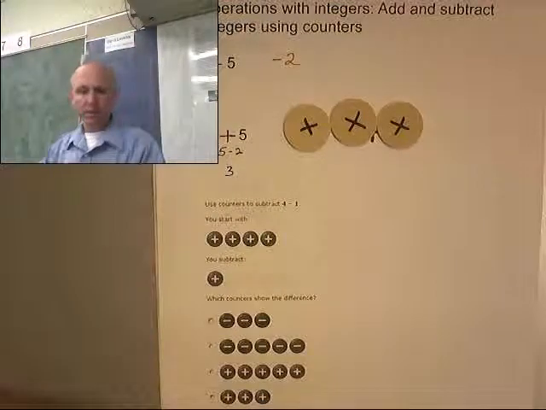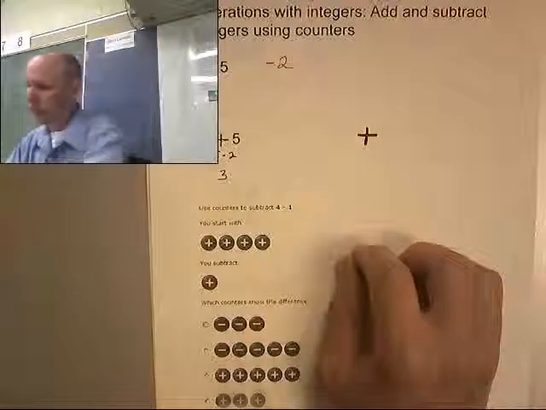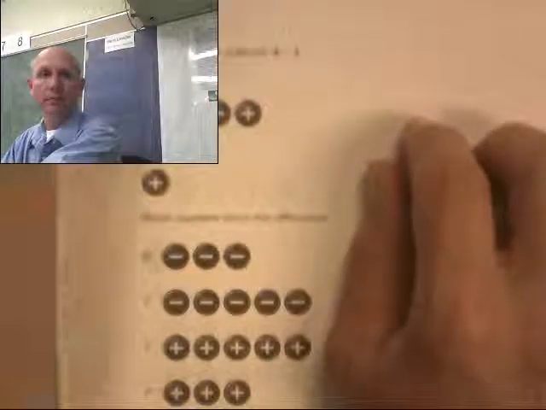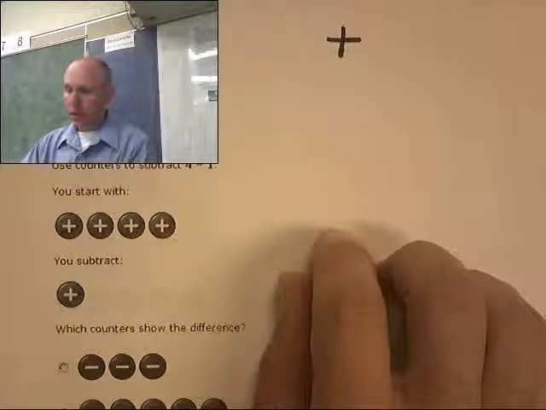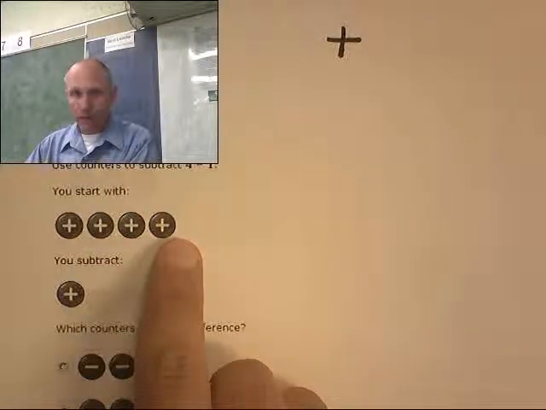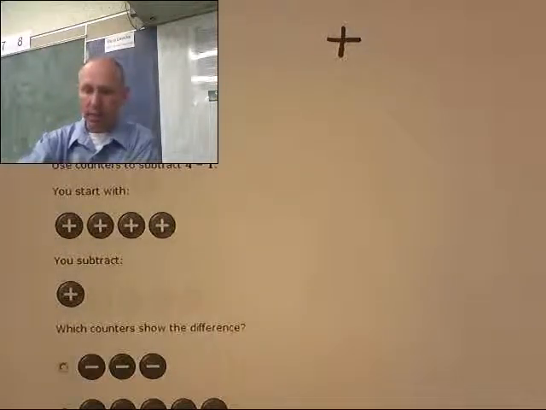So let's try to do this based off of the problems on IXL, and see if I can show you how to do it. So I have 1, 2, 3, 4 minus a positive 1. So let's write it like this.